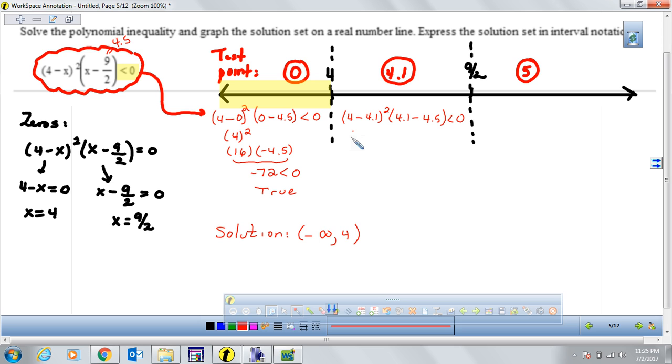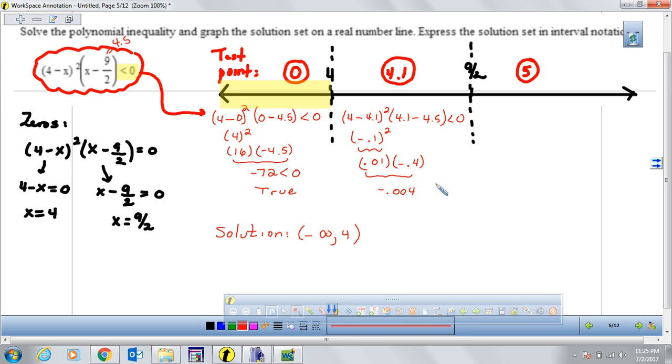So 4 minus 4.1 is negative 0.1. If I square it, it's going to be 0.01. And then 4.1 minus 4.5 is going to be negative 0.4. So if I multiply negative 0.4 times 0.01, it's going to be negative 0.004.